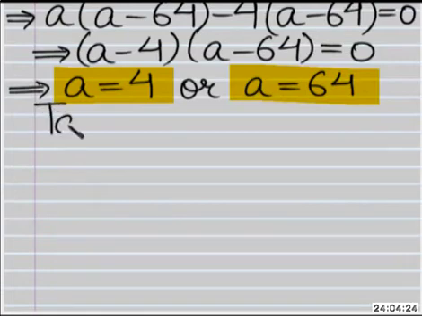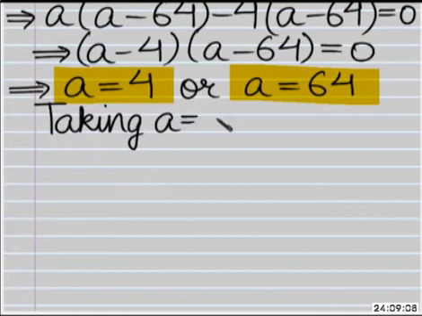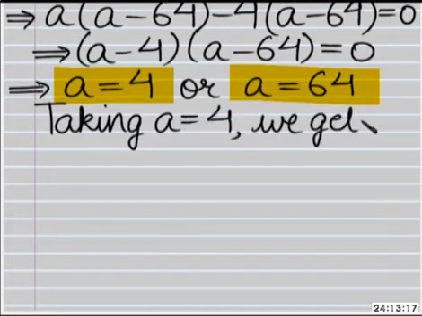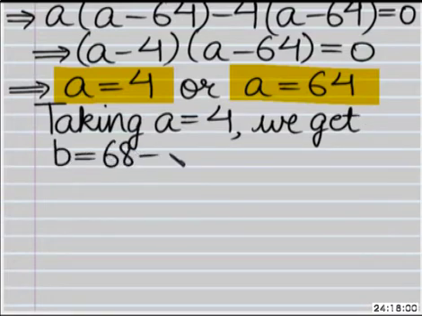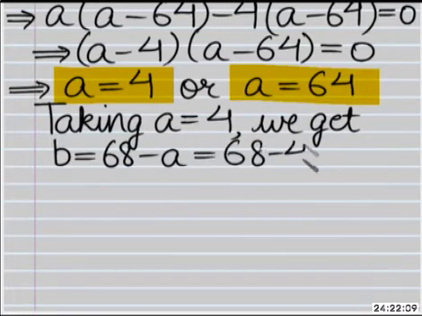Now taking A is equal to 4, we get B is equal to 68 minus A, which is equal to 68 minus 4, which is equal to 64.